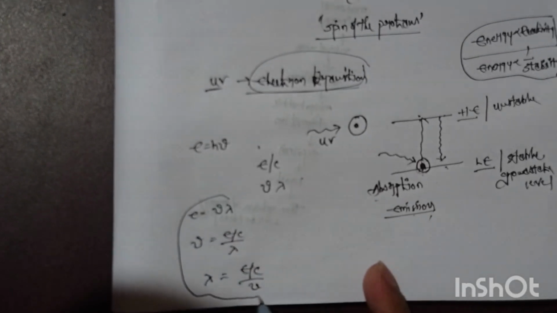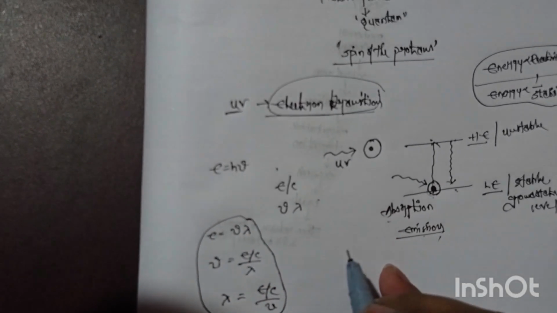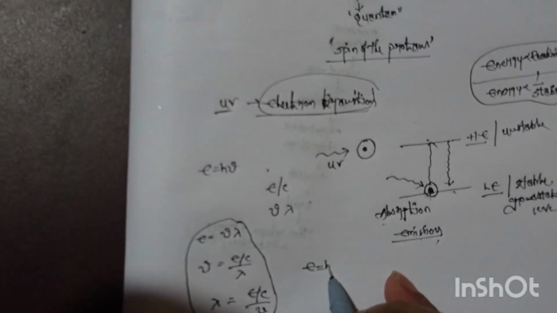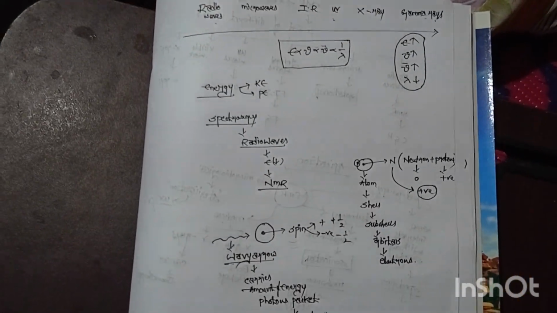So these are the formulas involved, and from this we can write E is equal to hc by lambda.